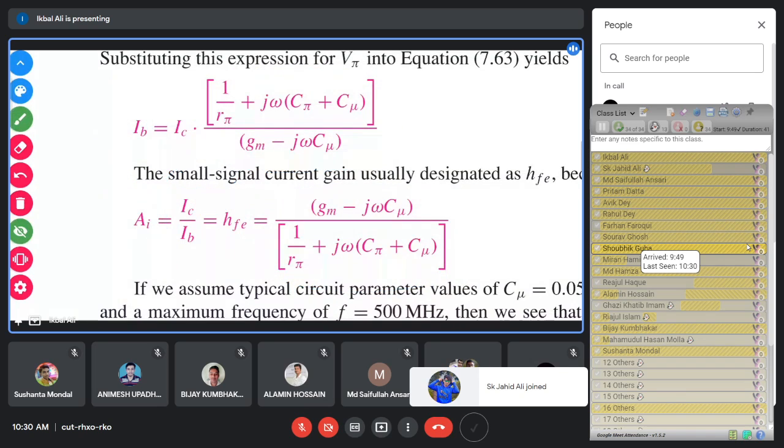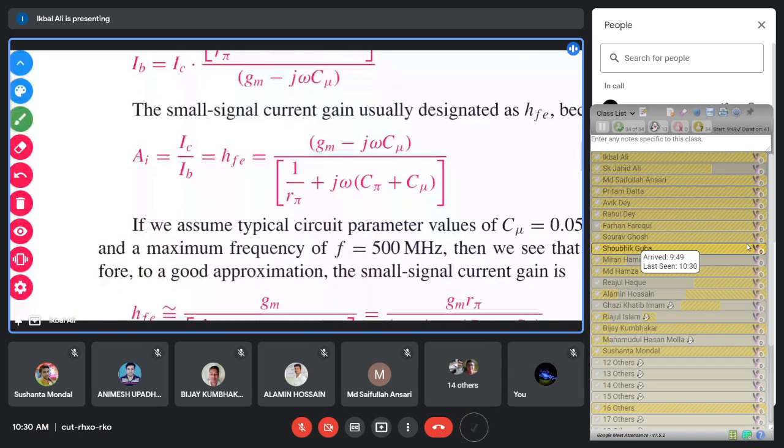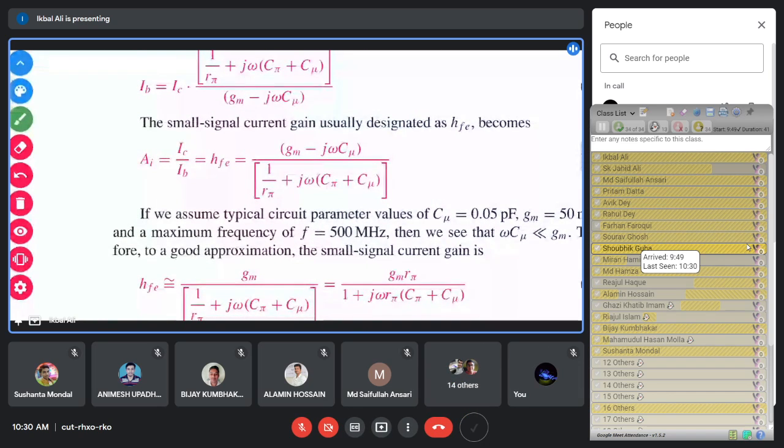This expression is the gain expression of the transistor, which gives you the designated gain. So after extracting the equivalent circuit, you have obtained a gain expression of the transistor. The gain of the transistor, which is HFE, is this one.